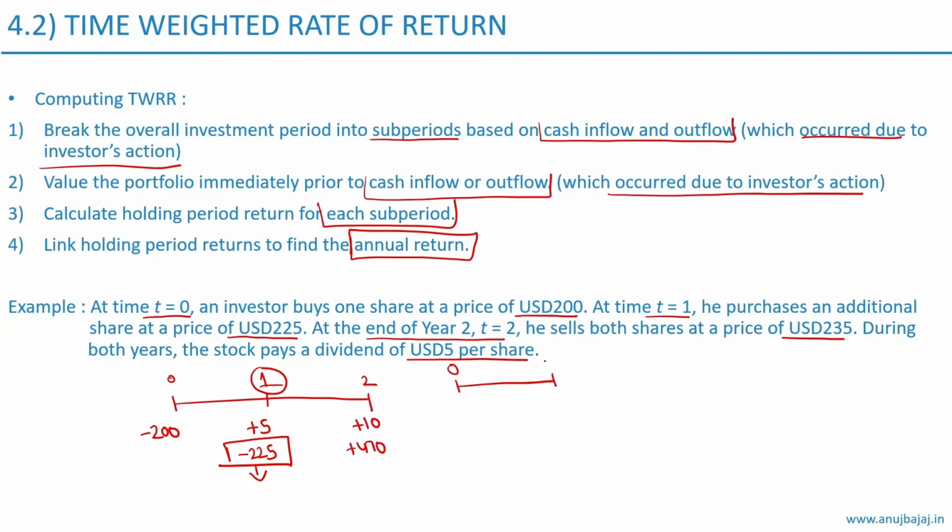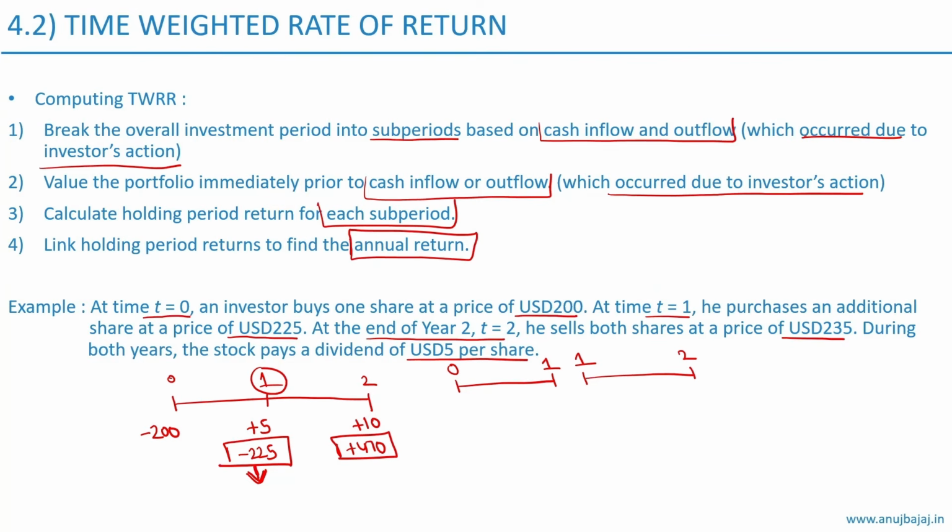So this is our first sub-period. Our second sub-period starts immediately after the investor made the cash outflow of $225. So it starts right at the end of year 1 or at the beginning of year 2 and ends at the end of the second year, where he sold both the shares for $470. Now we broke the entire investment period into 2 sub-periods.